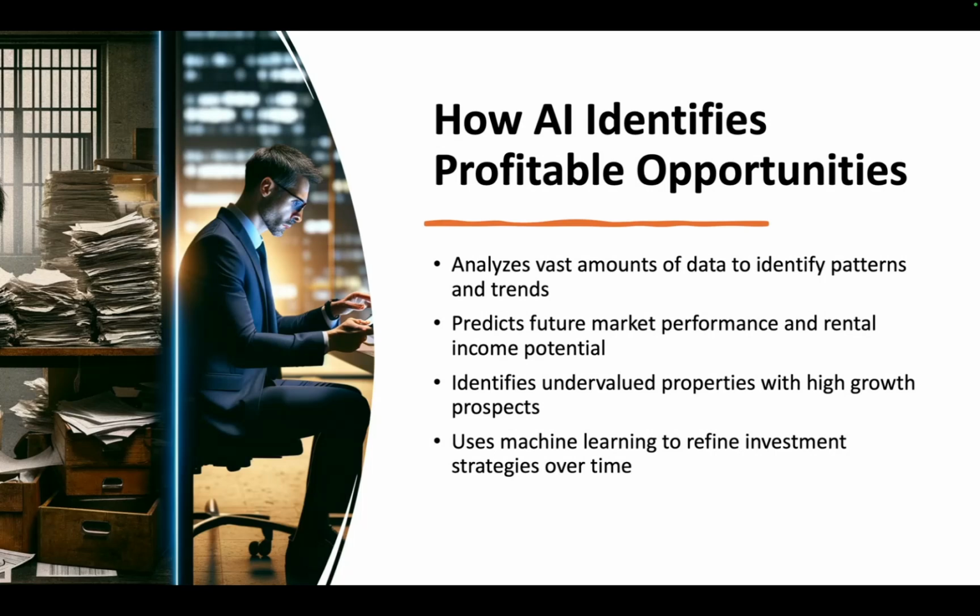So you're able to predict future market performance and rental income performance just based on the data that you've looked at. So rental income potential, and what that translates to is, obviously, if the data remains the same, those trends can predict what's likely to come.